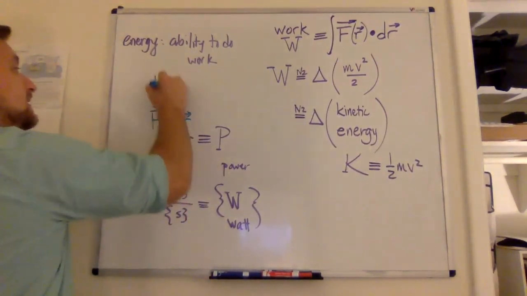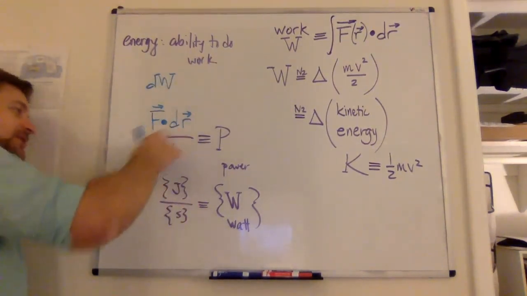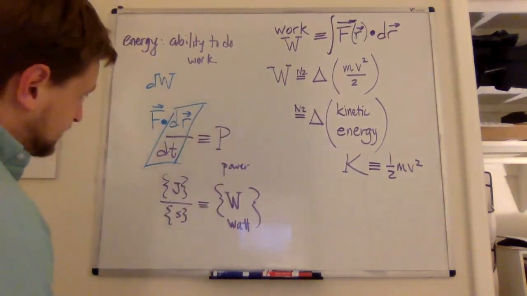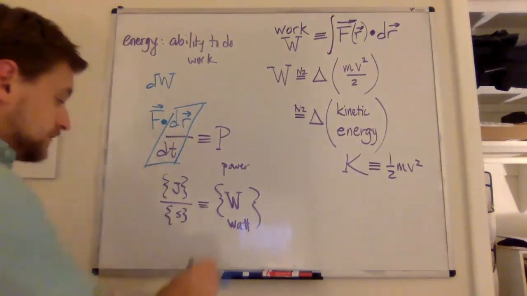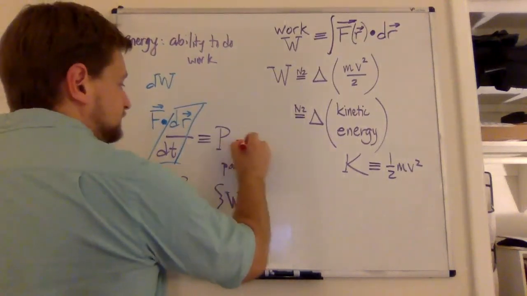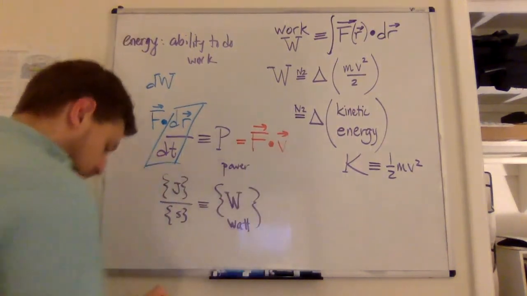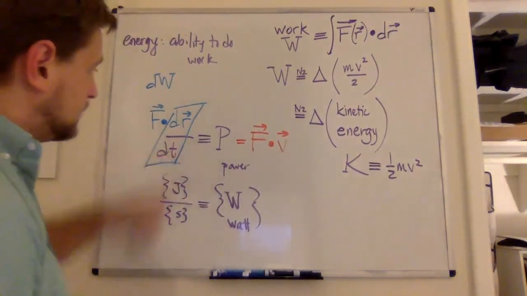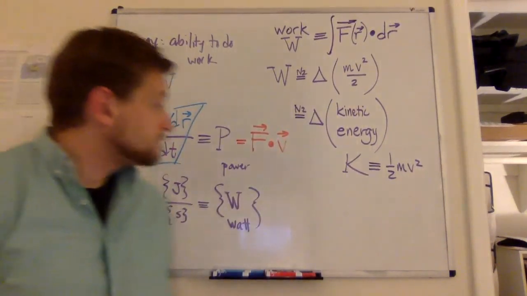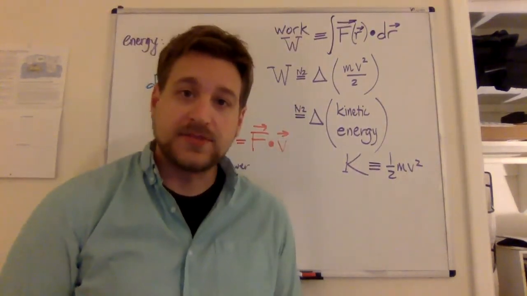We had dW, the differential if we talk about a very, very small displacement. But if we're talking about a small displacement, we're talking about the velocity. So we could write another version of the power formula as force dot dr/dt, which is velocity. And that's all the things I need to present from chapter 6.